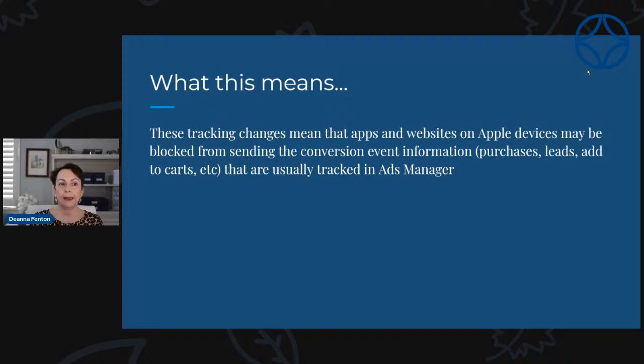So what that means is these tracking changes mean that apps and websites on those devices are blocked from sending any of that information that we usually would track in Ad Manager. If you've ever run ads, you know you live and die by the reports that show you how many people landed on your opt-in page, how many people converted by signing up to your list.